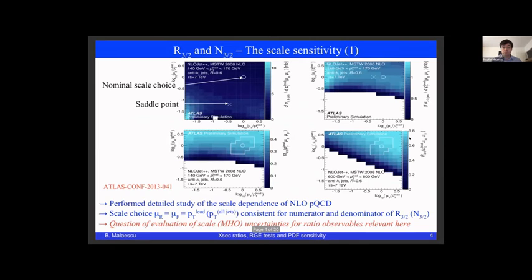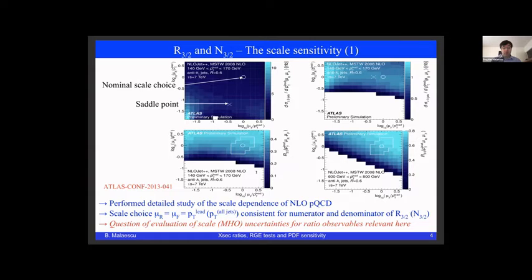Now, there were some studies done in some detail concerning the scale choices and the scale uncertainties in these measurements. For example, there was this kind of 2D scan as a function of the renormalization and factorization scale, both for the absolute cross-section and also for the ratios that you can see here at the bottom.